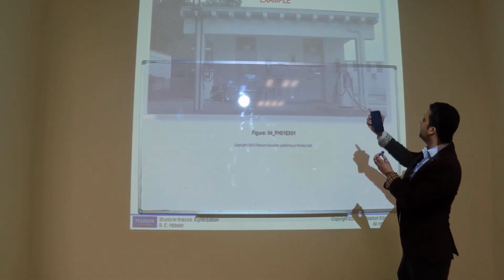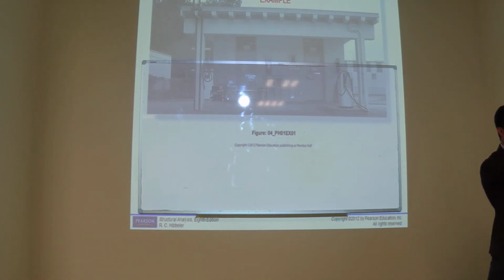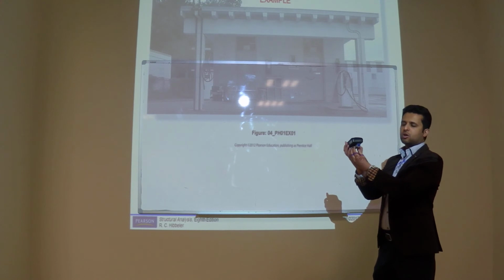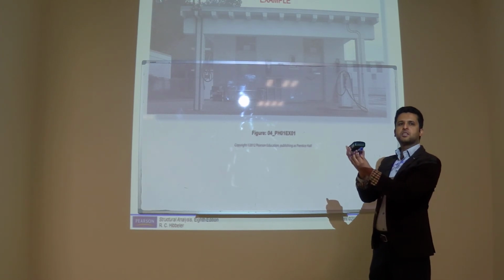If I see each joist, for example, half of this slab and half of this slab is resting on one joist like this. So the load on this joist is UDL, uniformly distributed load.